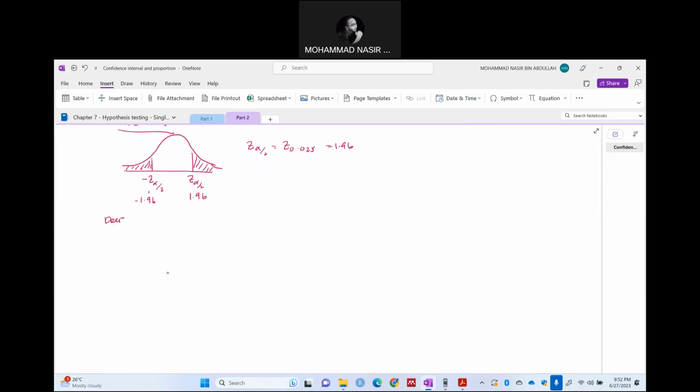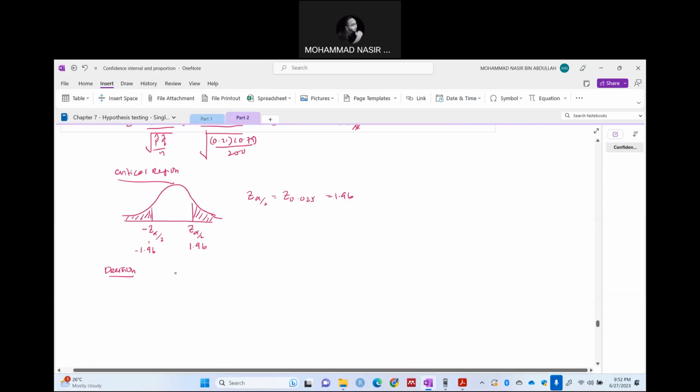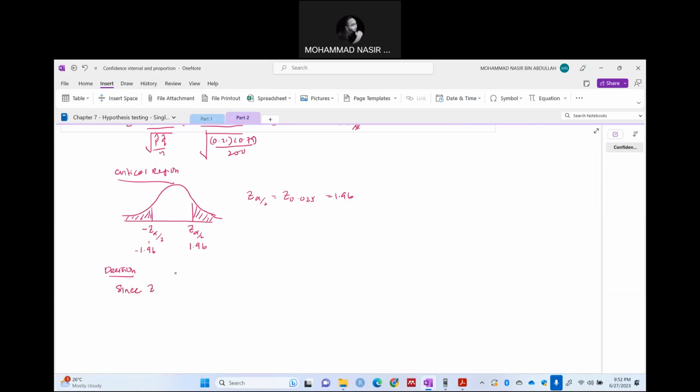And our decision is, since Z calculated is equal to 1.39, less than Z alpha divided by 2, 1.96, the null hypothesis is accepted. And we make a conclusion.